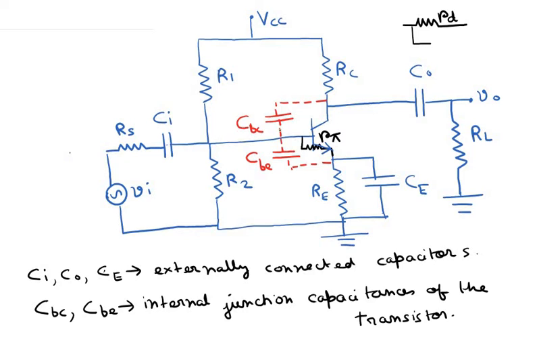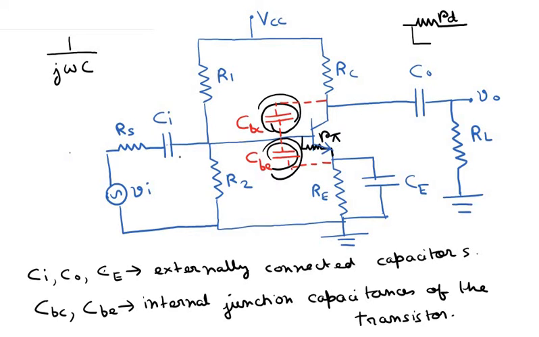The answer is that these two capacitors, CBC and CBE, are really small, and the impedance of a capacitor is given by 1 by j omega C. If C is really small, then the impedance is very large, and that is why CBC and CBE can be considered open circuits at our considered frequency.